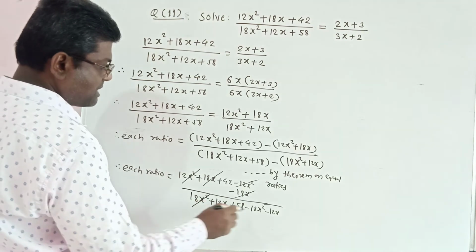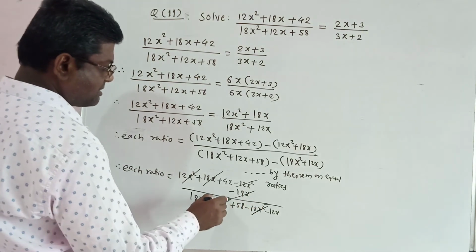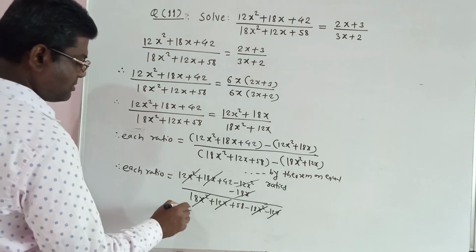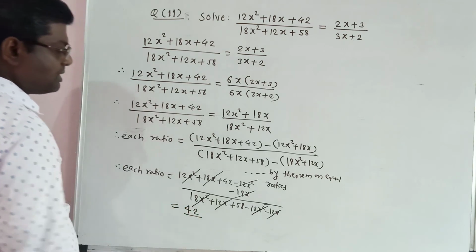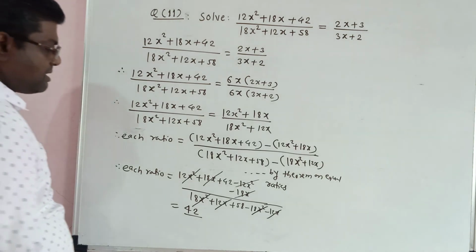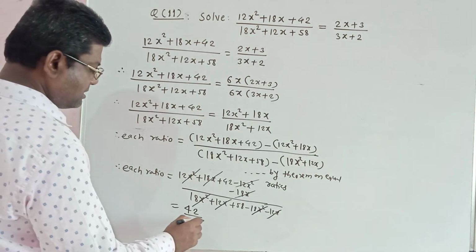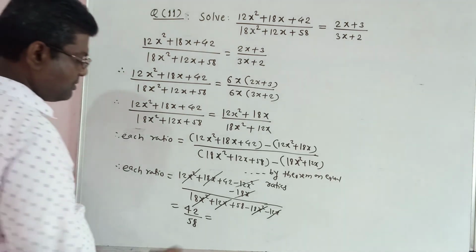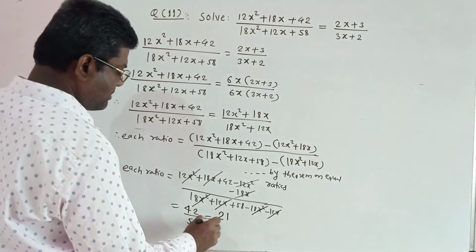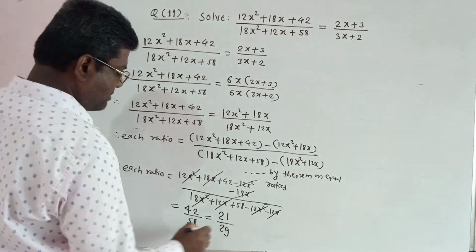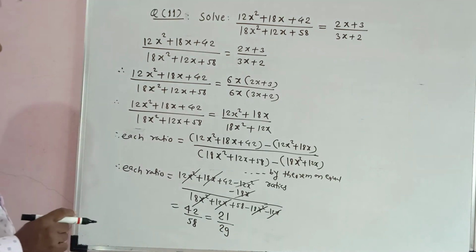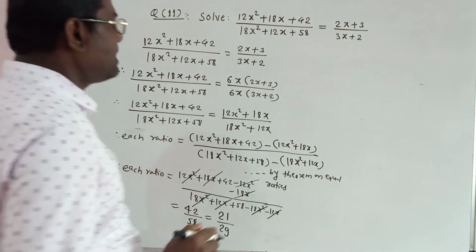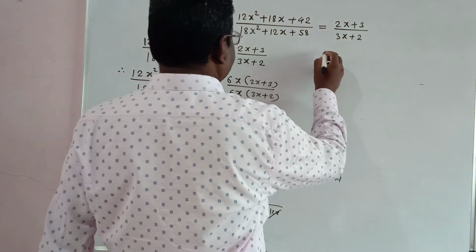This 18x² and minus 18x² cancel, plus 12x minus 12x will get cancelled. So there will be 42 in the numerator and 58 in the denominator. Divide numerator and denominator by 2, then it will be 21 upon 29. Each ratio is equal to 21 upon 29.